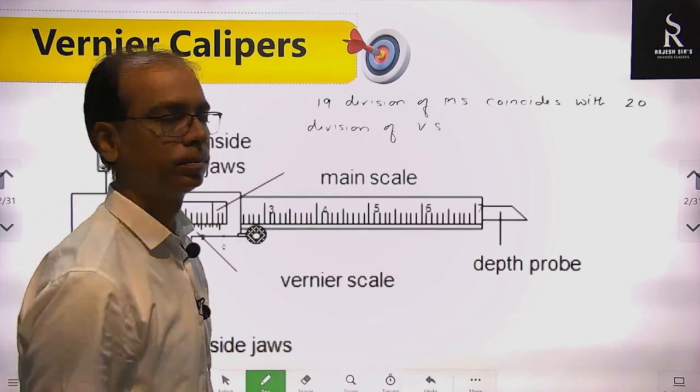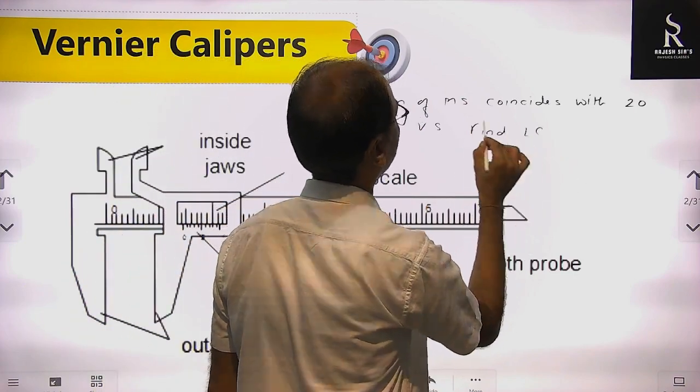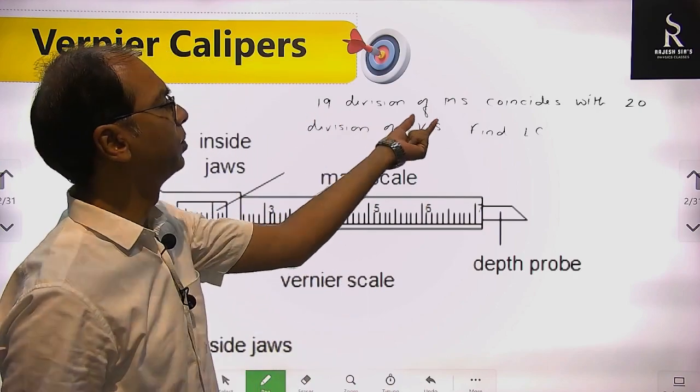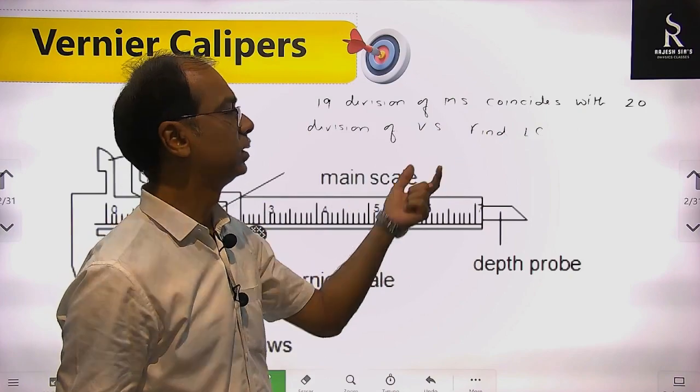Find least count. Or you can say that n divisions of main scale coincide with n plus 1 divisions of vernier scale. Find least count.